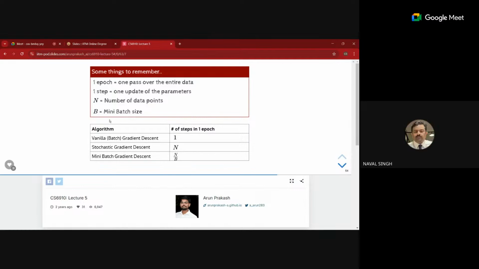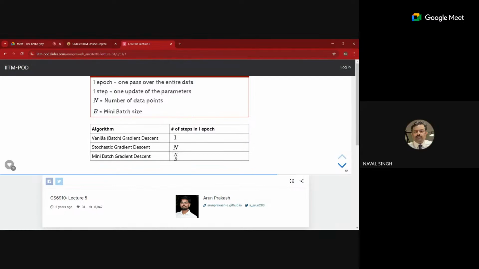My only confusion was: suppose we take mini batch gradient descent, then the dimensions of x change. Suppose we have a 6 by 6 matrix, so the first row has 6 elements.